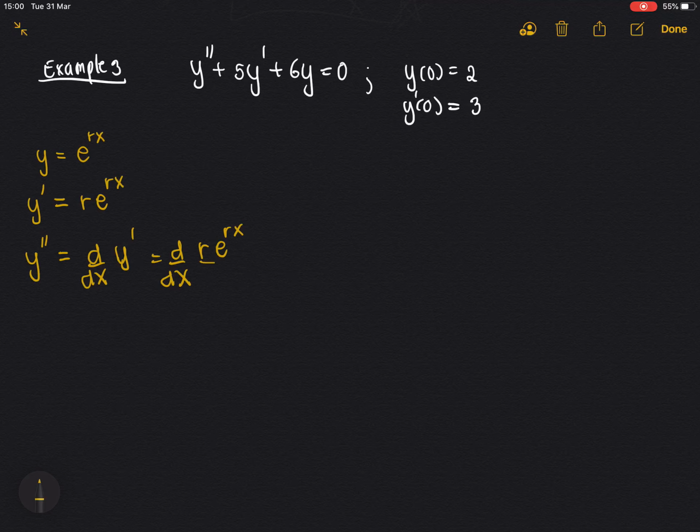And again, this is the product rule between one term and another term.